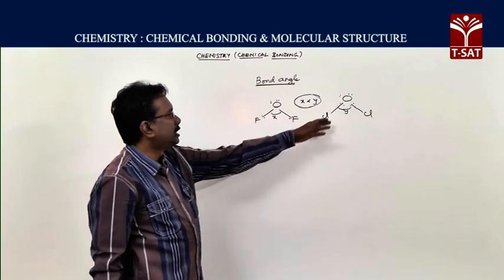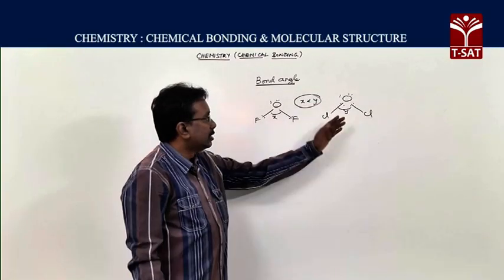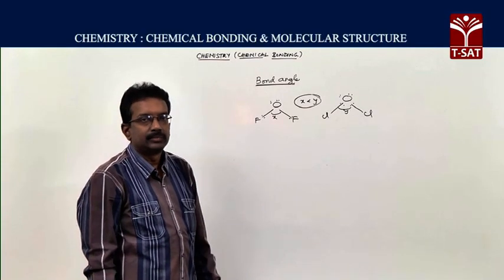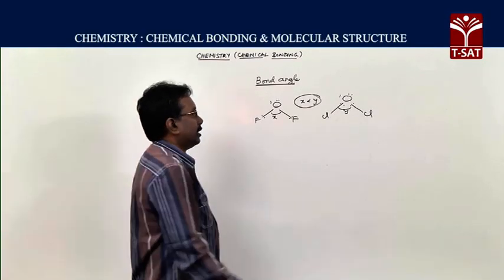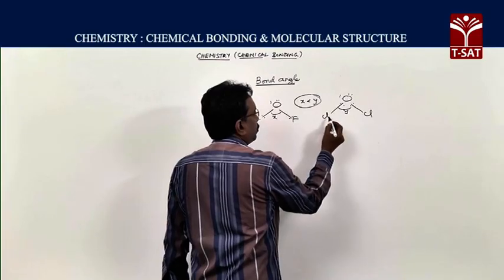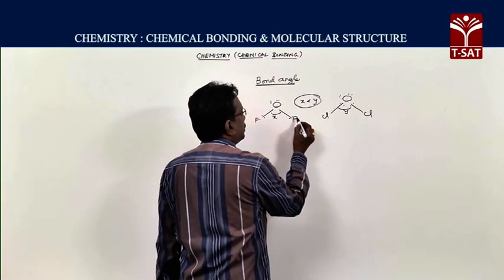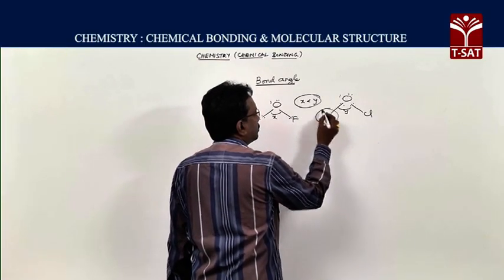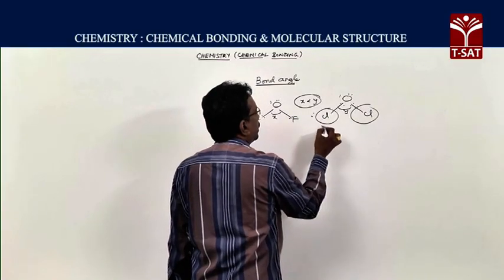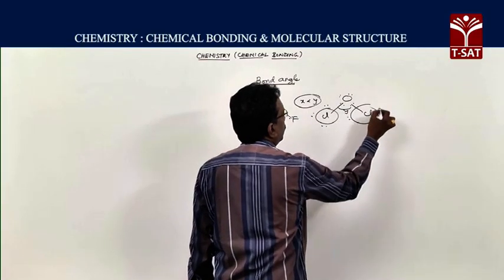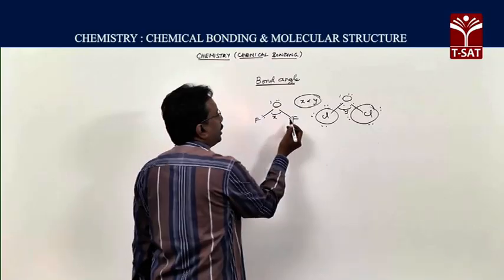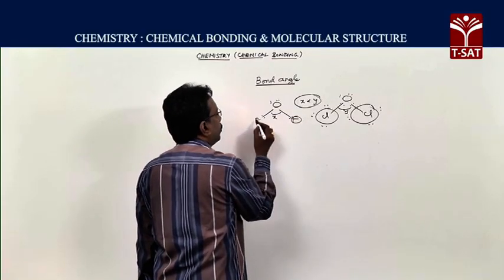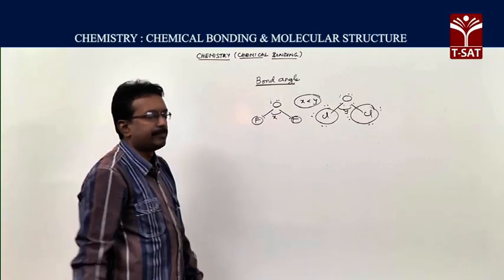But if you observe, this Cl2O bond angle is more than the tetrahedral bond angle. In the Cl2O molecule, fluorine is a small size atom, chlorine is a big size atom, and chlorine contains 3 lone pairs. Fluorine also contains lone pairs, but fluorine is relatively small, compact size.